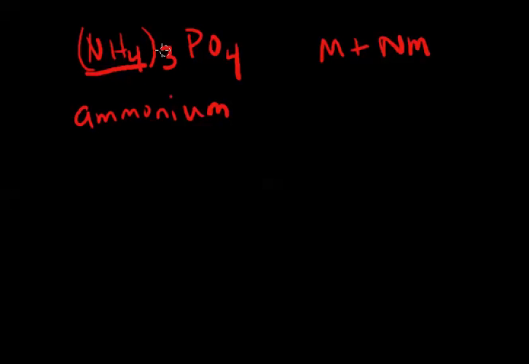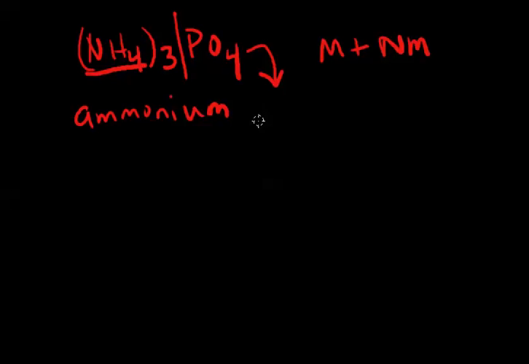And if NH4 is your positive ion, then the rest of it has to be your negative ion. And this is made up of phosphorus and 4 oxygens. So this has to be a polyatomic ion. So you look up PO4 on your ion sheet, find that name, and then write it down here.